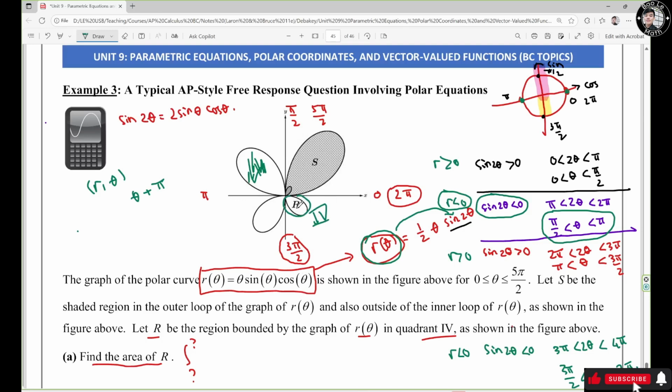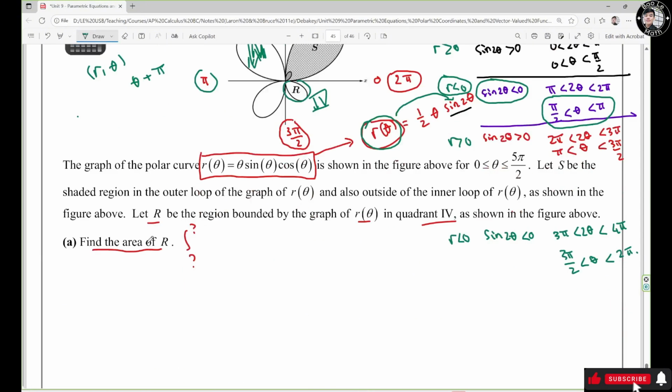So the region R has lower bound and upper bound pi over 2 and pi. Now go back over here, we have the integral from pi over 2 to pi of theta sine theta times cosine theta squared d theta. Don't forget to multiply by 1/2, right?